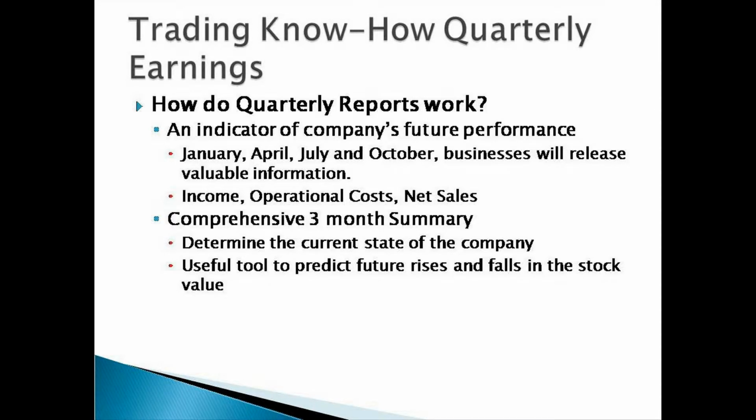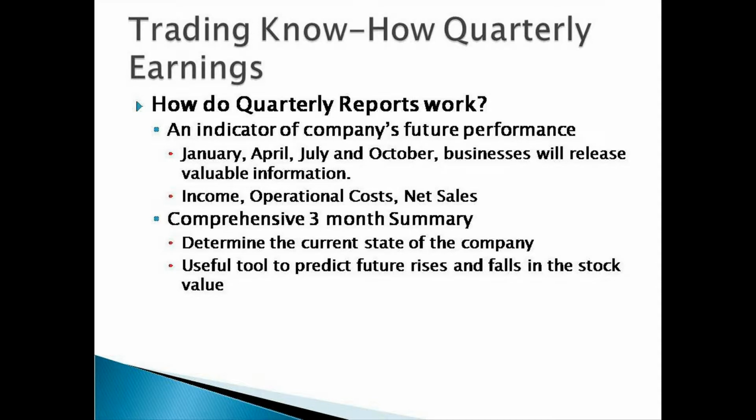Every quarter of the year, which is in Jan, April, July, and October, businesses release valuable information such as income, operational costs, net sales, and the like to construct one comprehensive summary of a 3-month span.